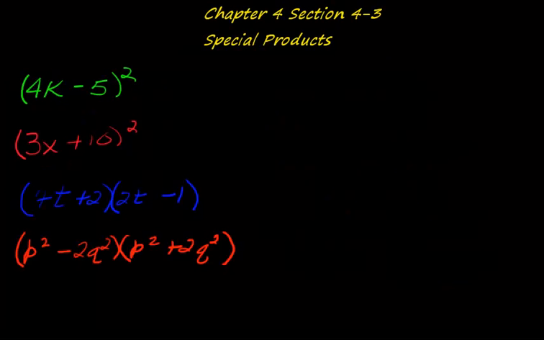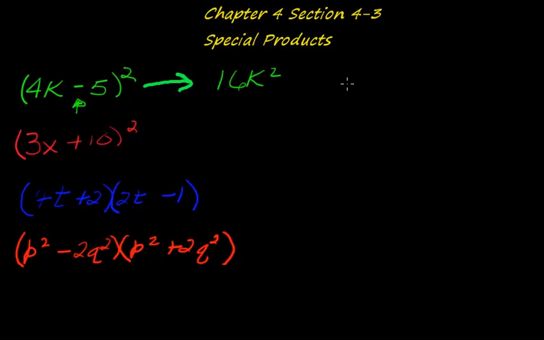So here I have 4 problems. I'm trying to get one that represents everything that we did in the previous slide here. So we have 4k minus 5 squared. By inspection, which is what I'm trying to emphasize here, we see this is minus. What I want you to try to see is that I'm going to square the first term, which is 16k squared.